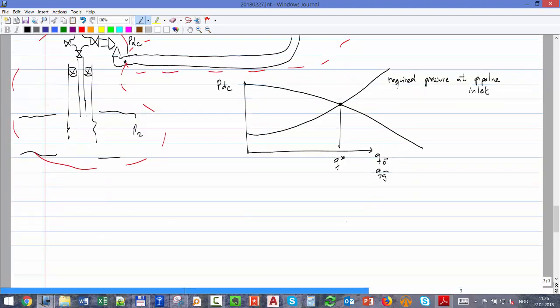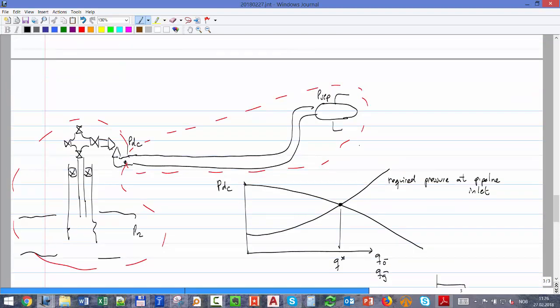Okay, so how do I change the equilibrium point? Remember, in production scheduling, we are very preoccupied with changing. I don't want to be producing just at what it gives me, at maximum rate. I want to be changing that rate. So how do I control that intersection? Can I make something here to control that intersection?